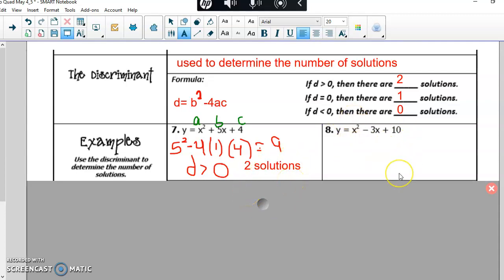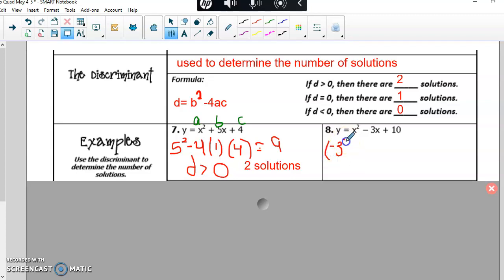Okay, let's do the same thing with number 8. Y equals x squared minus 3x plus 10. So we know my B is a negative 3. I'm going to remember my parentheses here because we know that can change our answers. Negative 3 squared. So my B squared minus my 4.